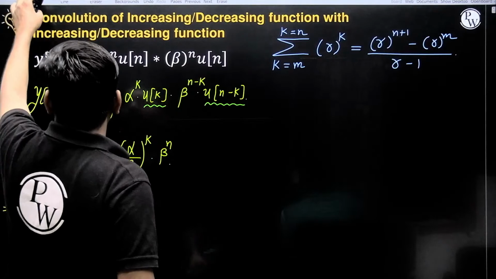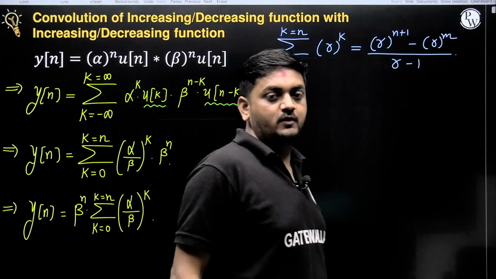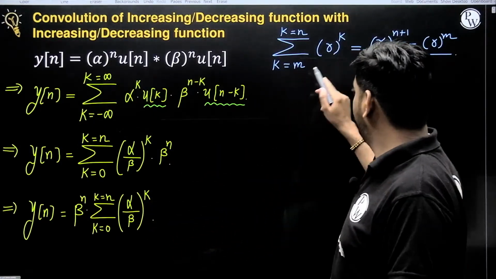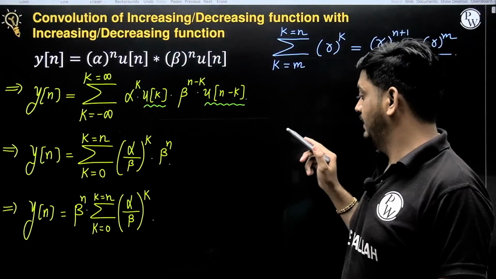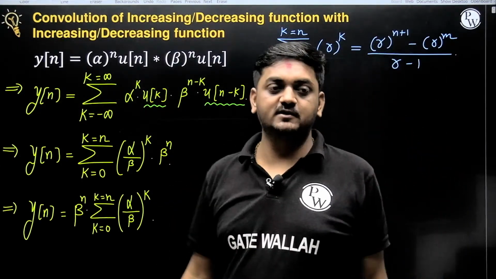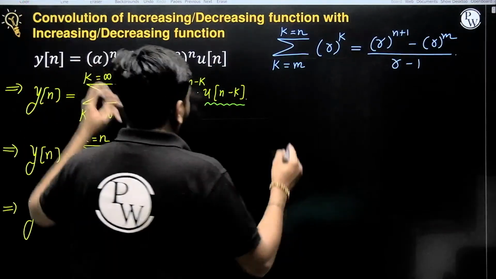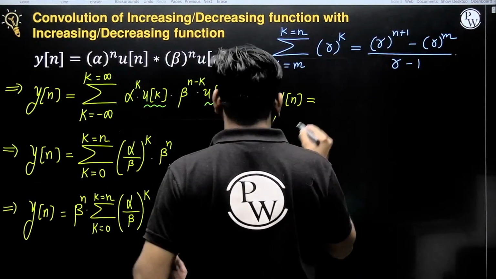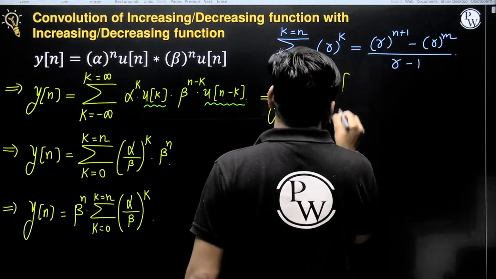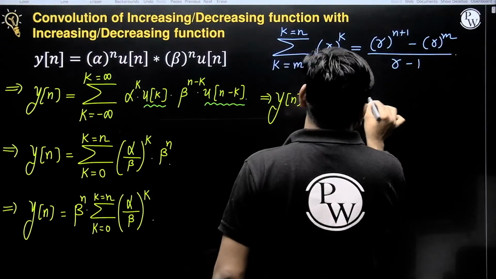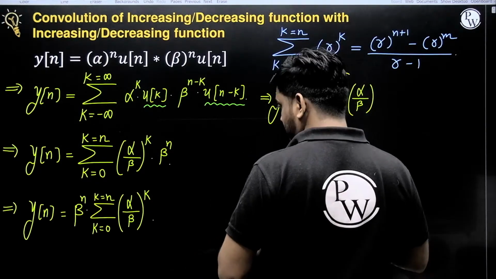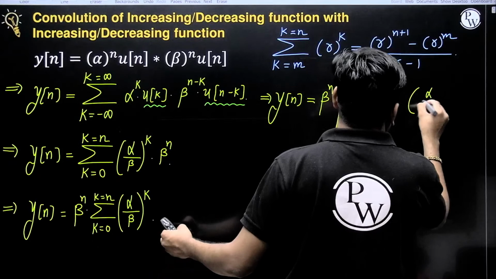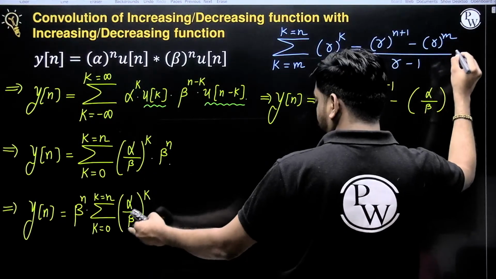Okay, so y of n here. Now if you use this formula, then you can see r is equal to alpha by beta, the lower limit m is equal to 0, upper limit is n, k is equal to k. So use this formula: y of n equals beta power n, bracket, r is equal to alpha by beta, so alpha by beta power n plus 1 minus alpha by beta power m is equal to 0.